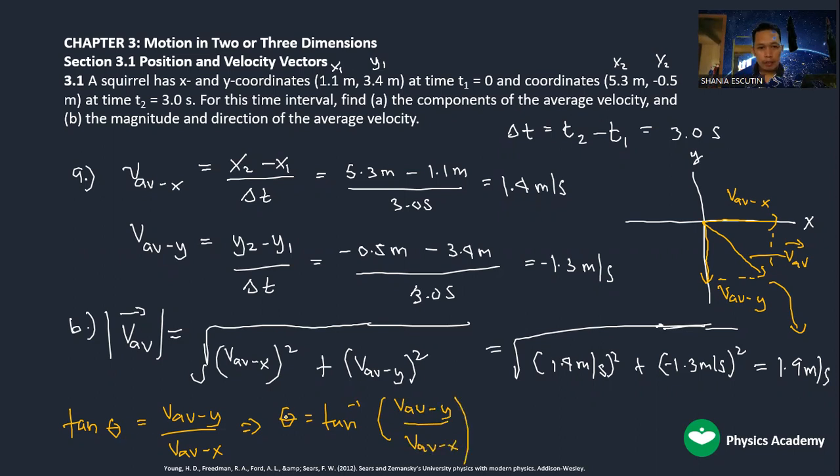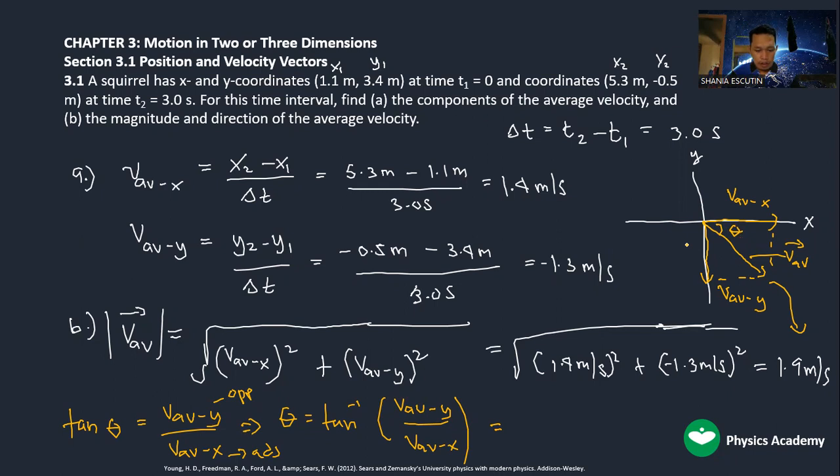Where is this theta located? Tangent means opposite over adjacent, so your opposite is the y component and your adjacent is the x component. So that's your theta here.